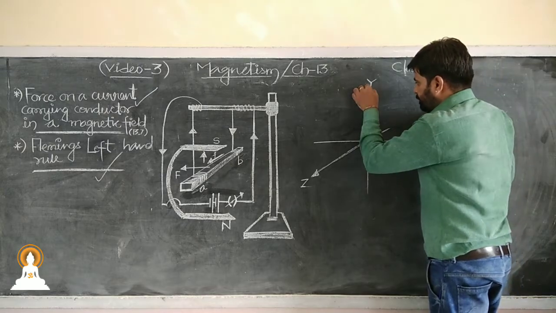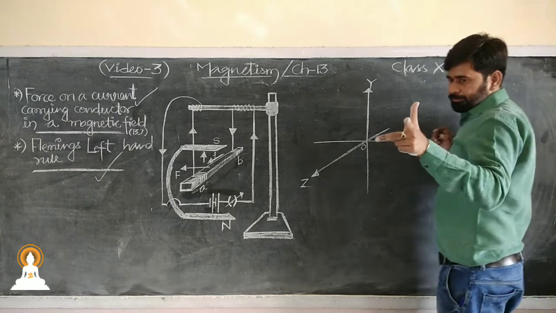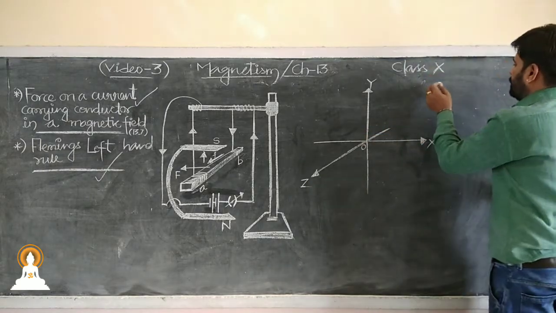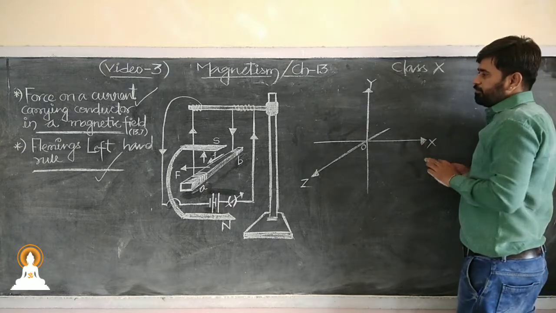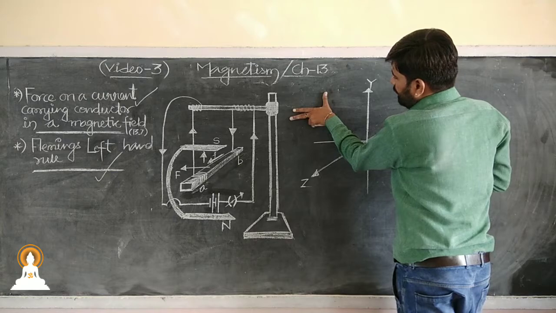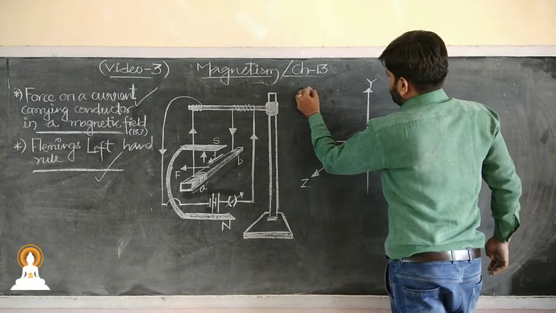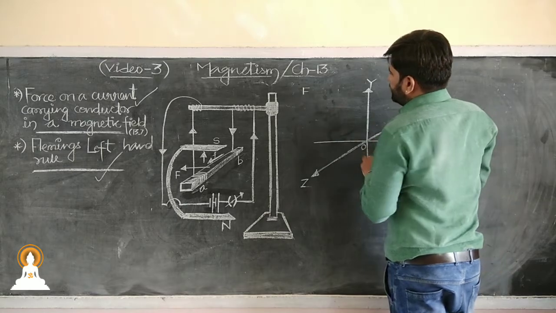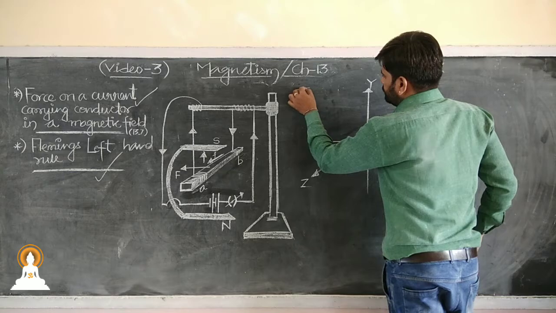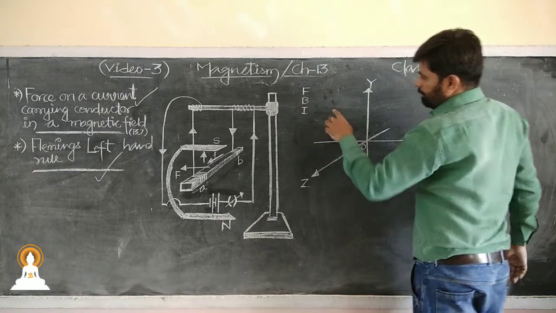Now we have one thumb and two fingers. Now listen, the thumb will always be for force. The index finger will always be for magnetic field, and the middle finger will always be for current.